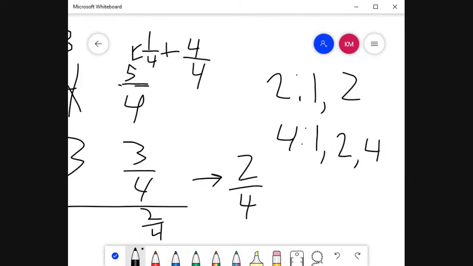So now, the greatest common factor between 2 and 4, of course, is the number 2. So that means I'm going to divide both numbers by 2.